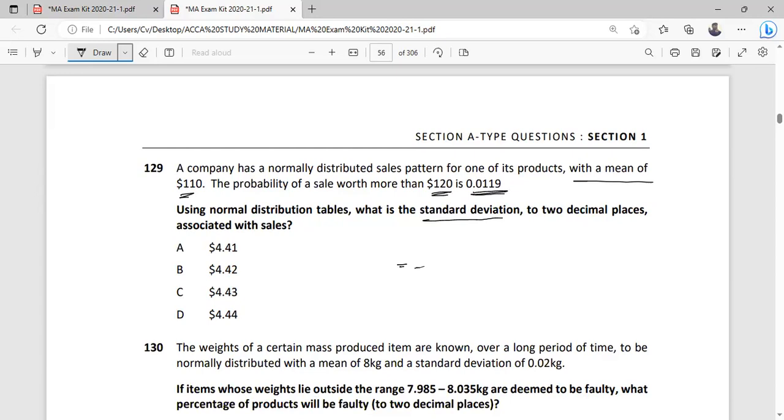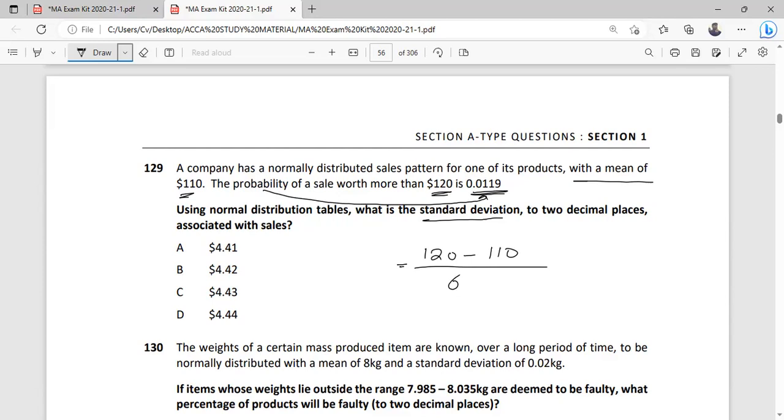So this time 120 minus 110 is given. Standard deviation is missing. We need to calculate the standard deviation. Value of probability is given, 0.0119.